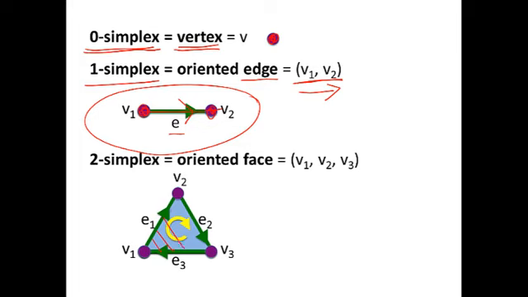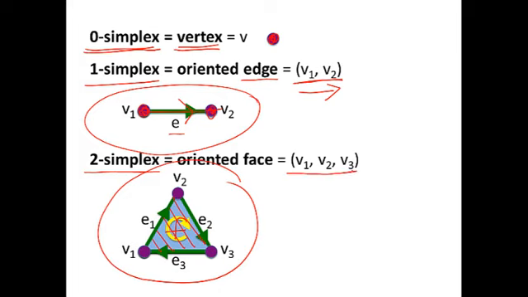Since a face is two-dimensional, we call that a two-simplex. Again, we will use pictures or a symbol such as the letter F to denote a face, but we can also use an ordered triple to denote an oriented face. But multiple triples can denote the same oriented face. For example, the oriented face V1, V2, V3 is the same as the oriented face V2, V3, V1, and it's the same as V3, V1, V2.